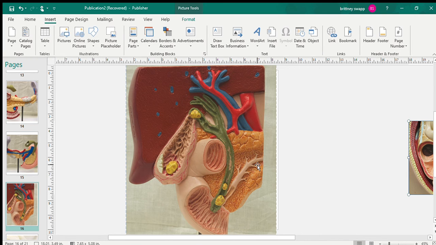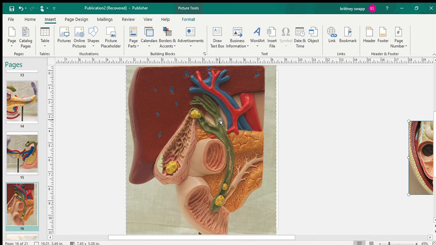And then this one right here is the pancreatic duct. That one comes down in here. These form together, and it comes into the duodenum in a structure called the major duodenal papilla. So to go over this one more time, we have the left and the right hepatic ducts.